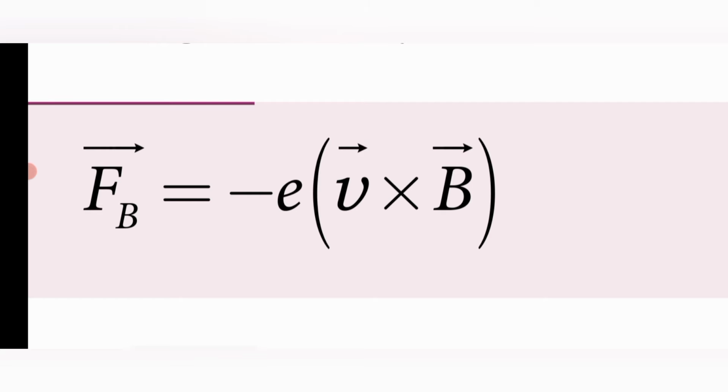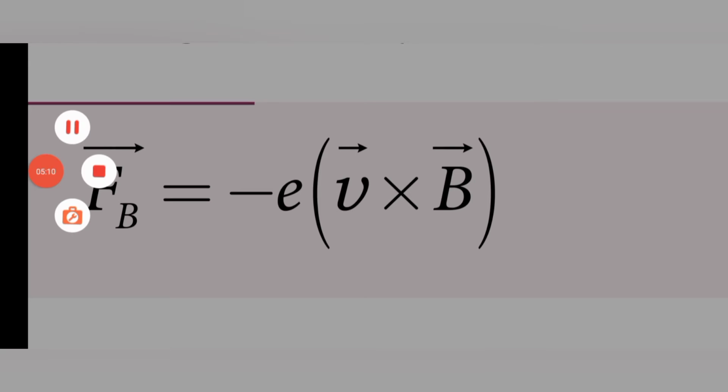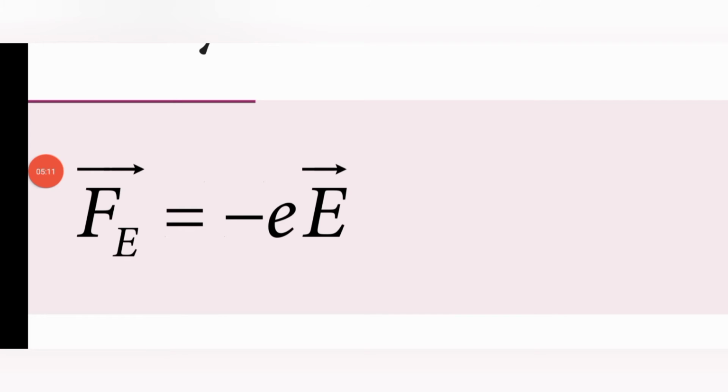That can be given by F_e is equal to minus e E vector. The general value of this force is F is equal to qE. Here the electrons are represented, so the force in the electric field, F_e, is equal to minus e E vector. Instead of q we use minus e. These are the two forces acting.